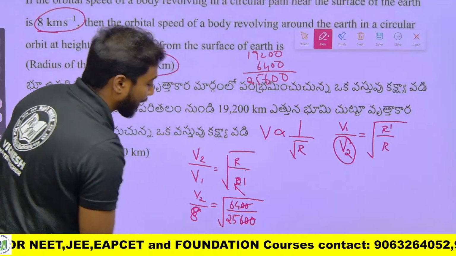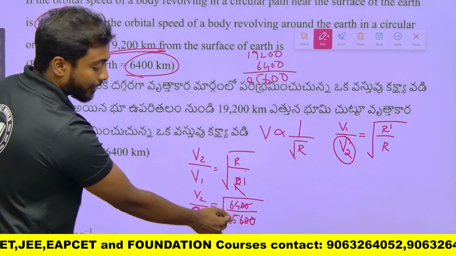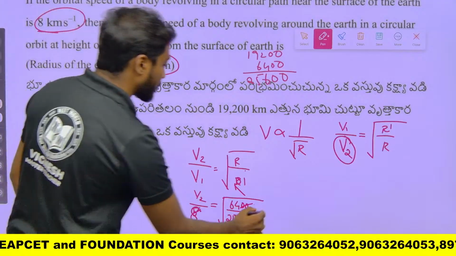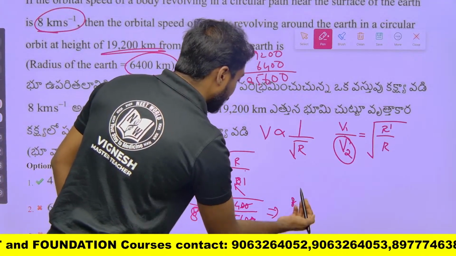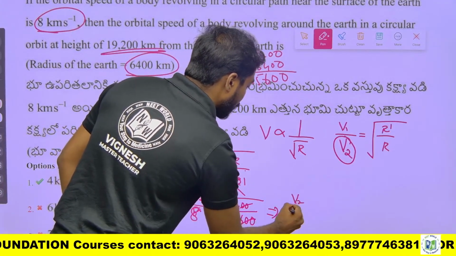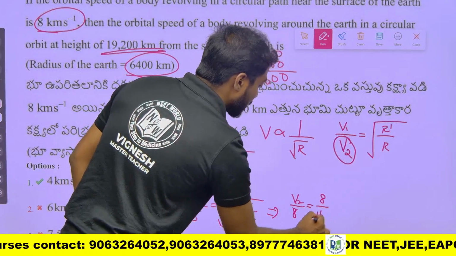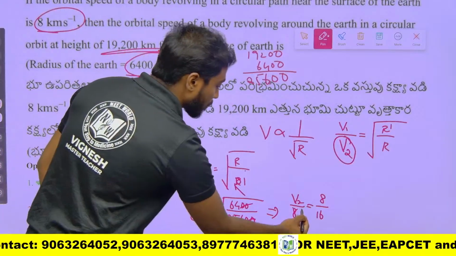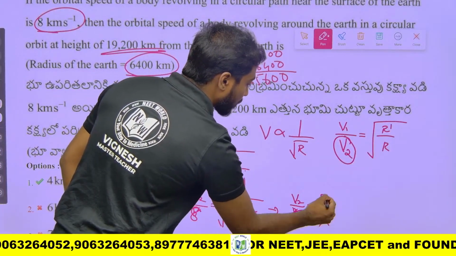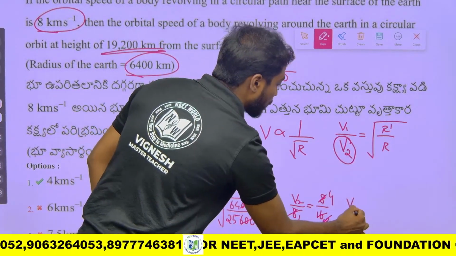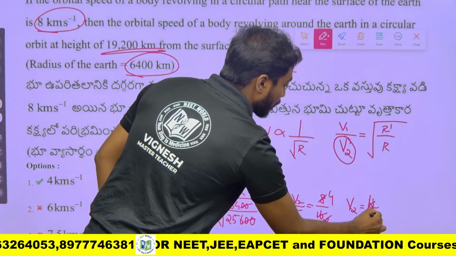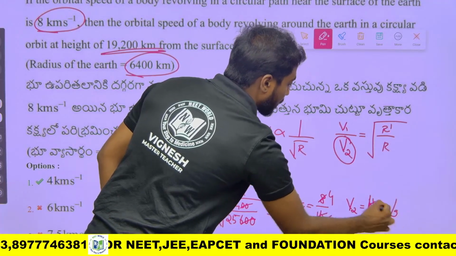So the zeros cancel. So 8 8s are and then 16 16s are, right? Then V2 by 8 is equal to 8 by 16. So this is 1 times and this is 2 times and this is 4 times. So V2 is equal to 4 kilometer per second is the answer.